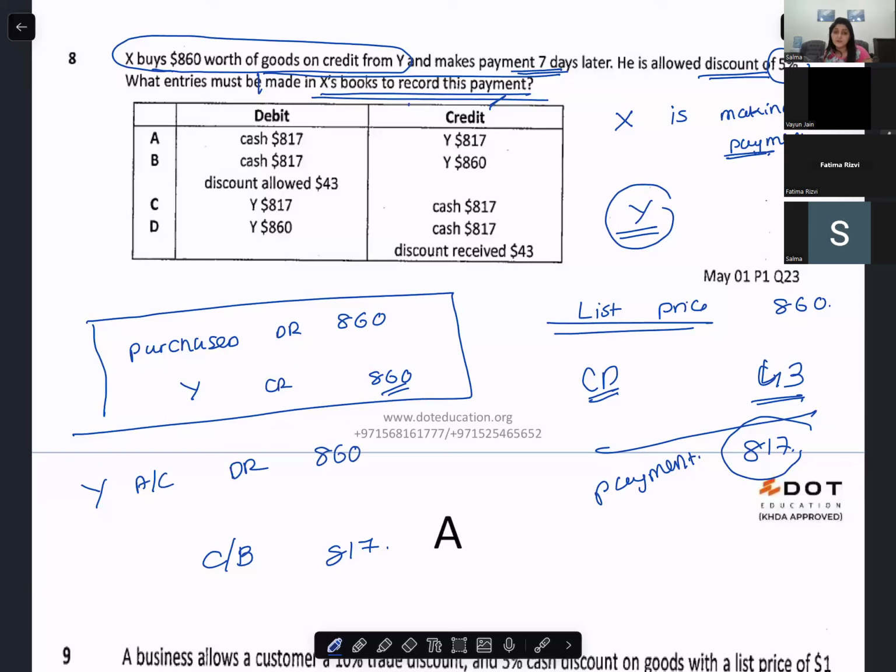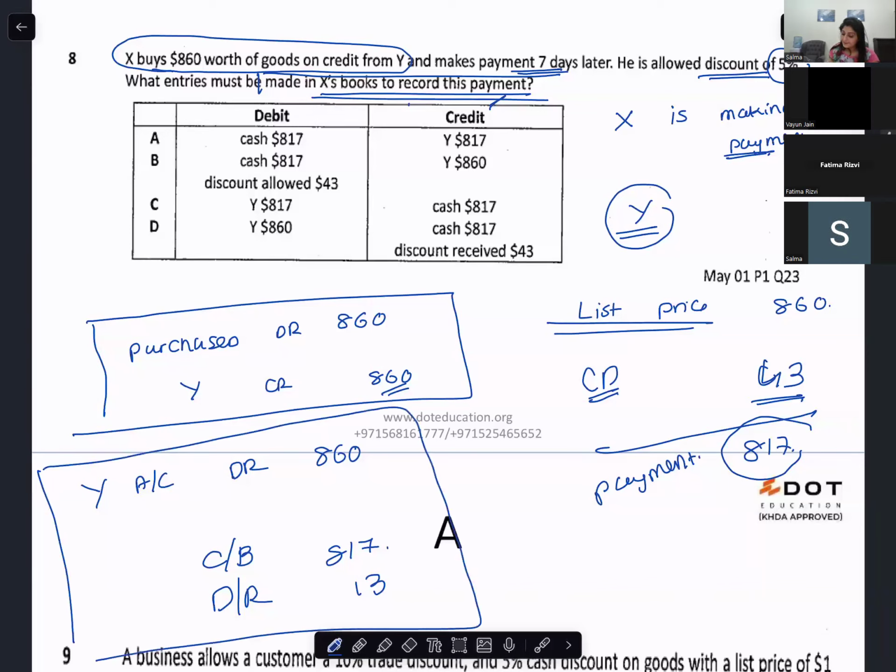Y account is for how much? 860. So the account is getting cancelled for 860. Money is going out 817. So the balance would be discount received 43. So the entry is Y account debit, cash credit, discount received credit, option D.